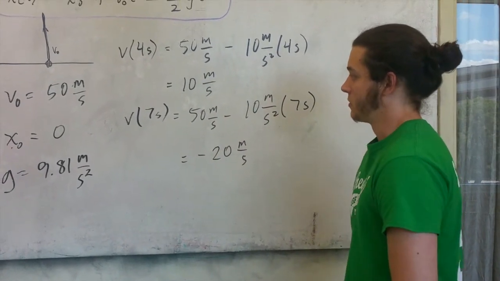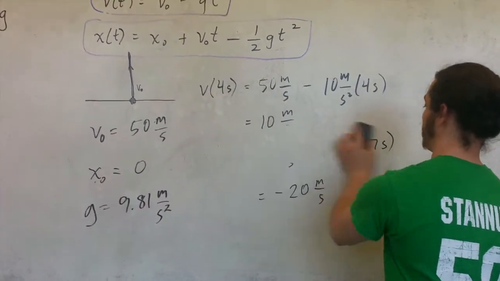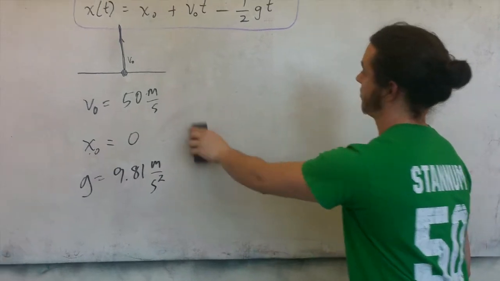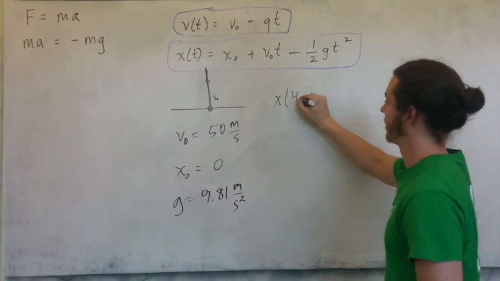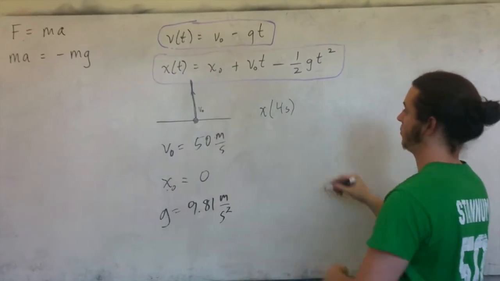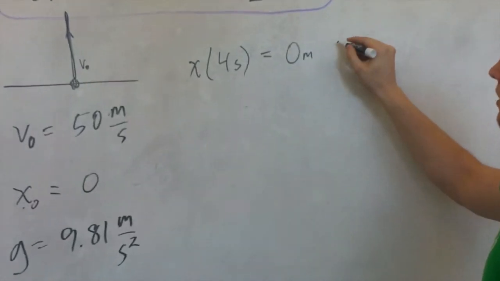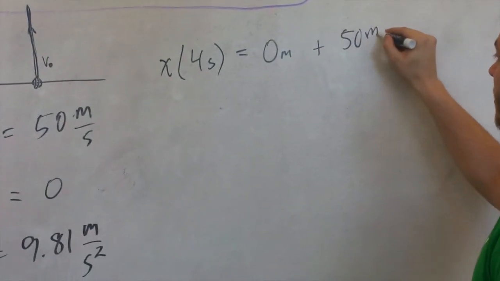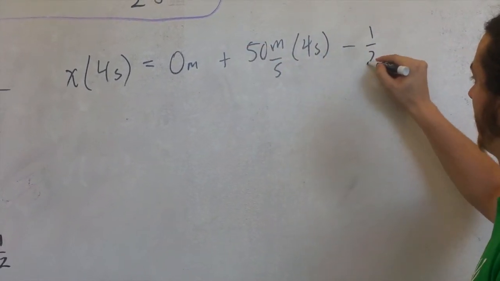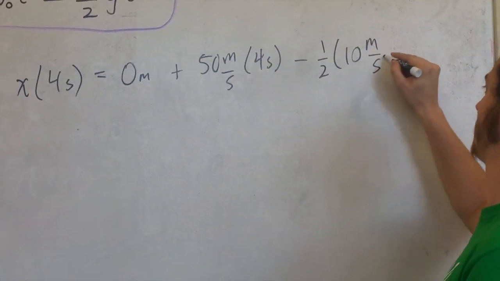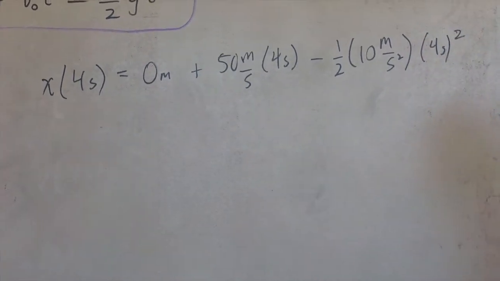So let's think to ourselves, okay, what about the position at these times? What about the position? So the position is basically just as straightforward. At 4 seconds, look at this. The initial position is 0 meters. We add initial velocity times the time, 4 seconds, and we subtract 1/2 times acceleration due to gravity and the time squared.